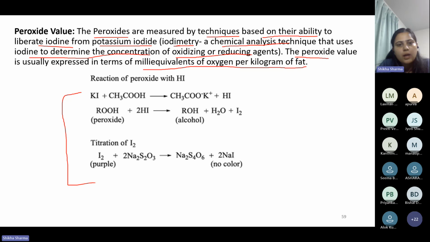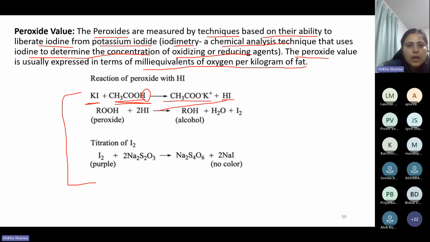What happens is, first we have our fat. The potassium iodide will bind and replace the H, with K forming the salt, and HI will be separated out.